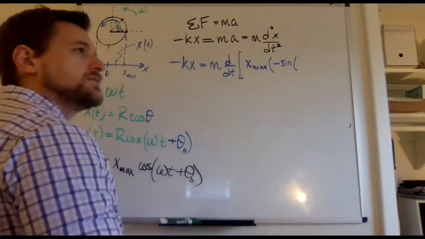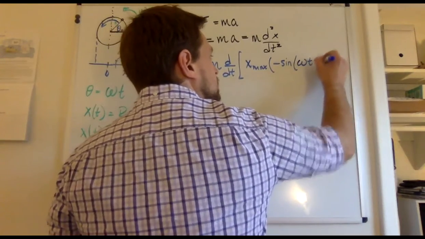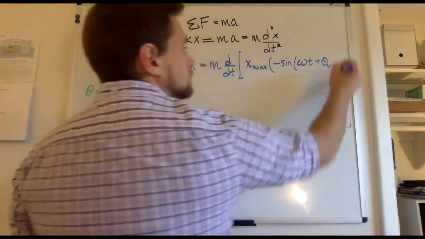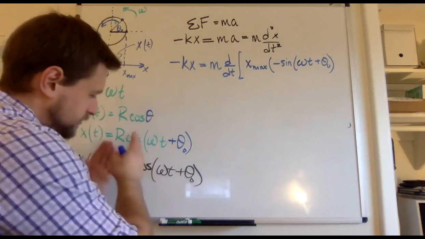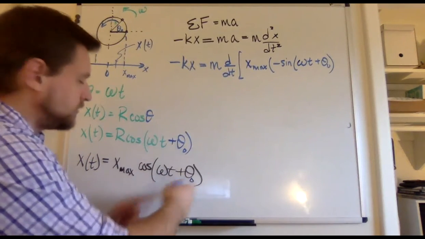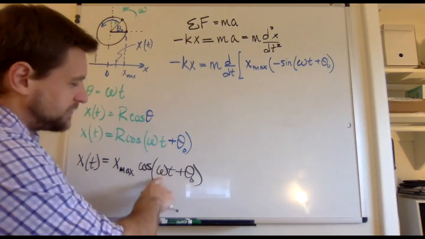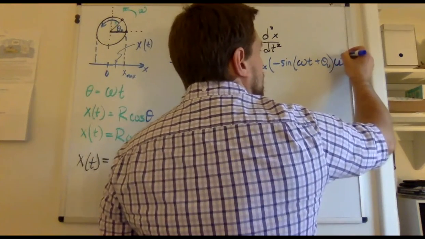Exponential functions and trig functions keep their arguments. The argument stays the same. But we do still need the chain rule. We took the derivative of cosine, but then we still need the derivative of its argument with respect to time, and the derivative there gets us a factor of omega.